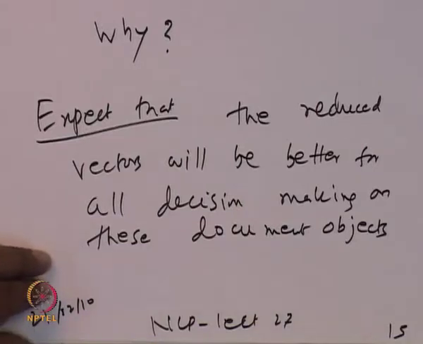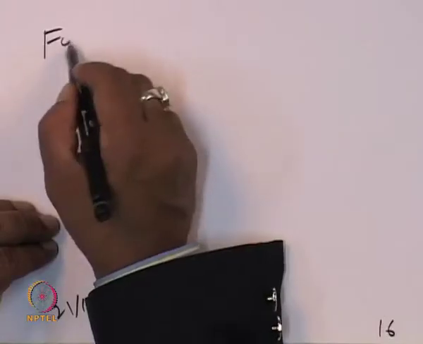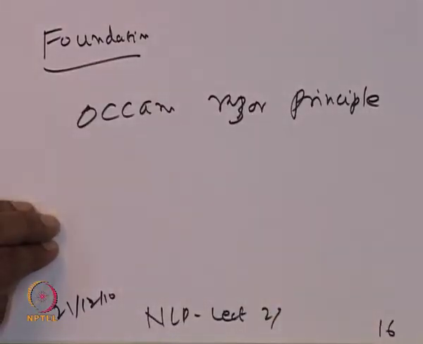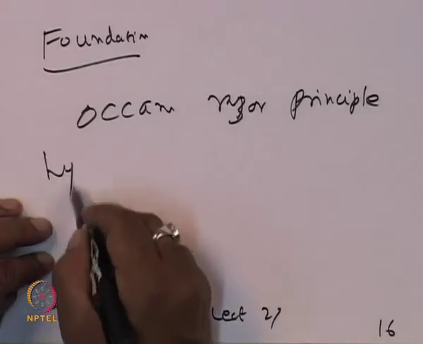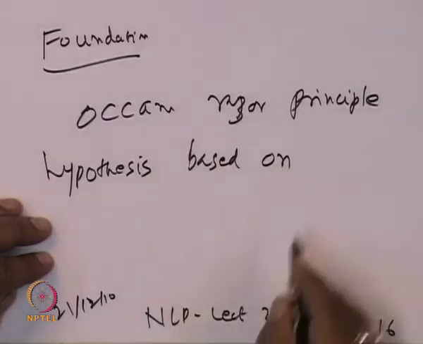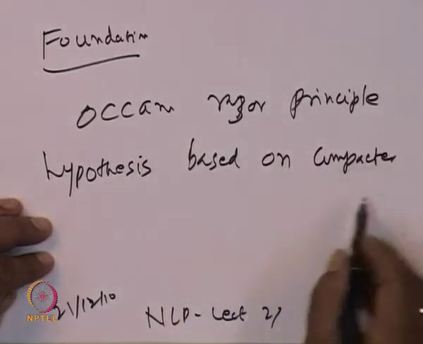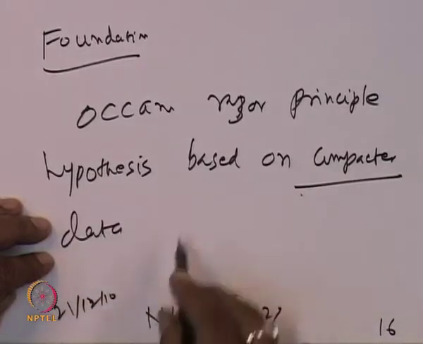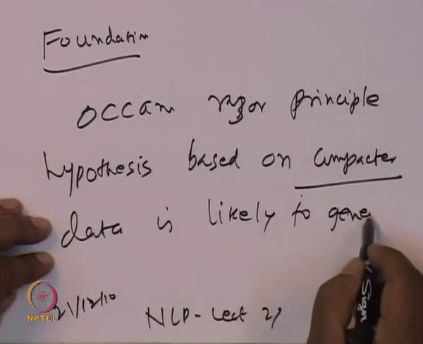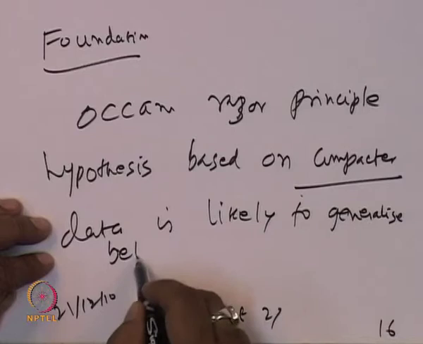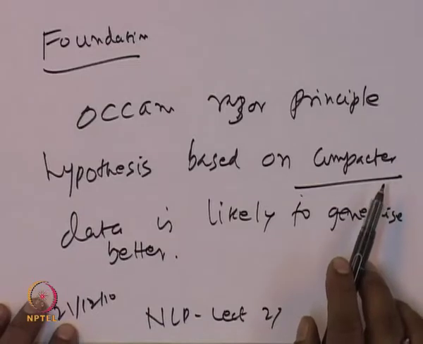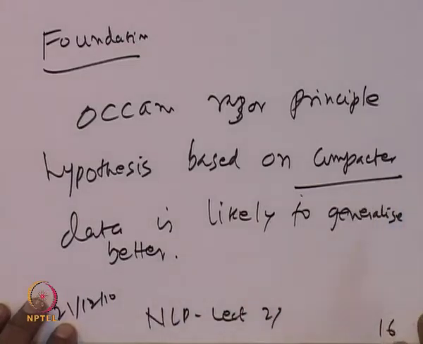This is the purpose of dimensionality reduction, and the foundation is Occam's razor principle: a hypothesis based on a compact representation of data is likely to generalize better.